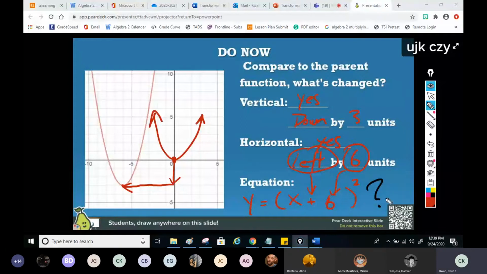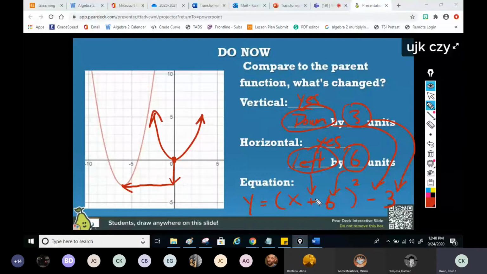All right, and then at the very back, that one tells us up and down. So since this is going down, I'm going to put a minus and then 3 units. All right, so this is the equation for this line right here.